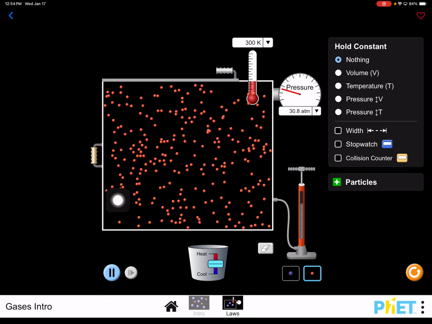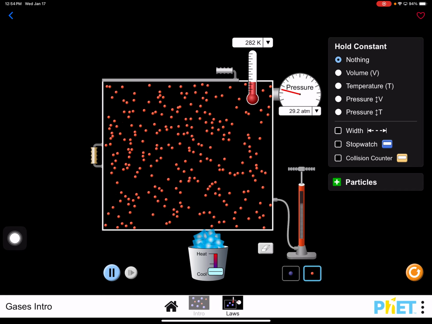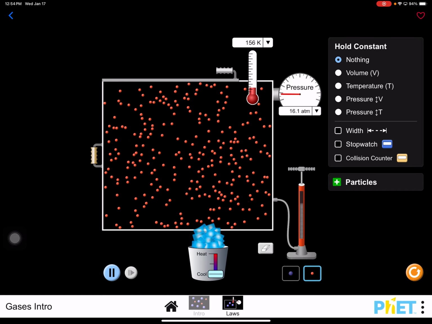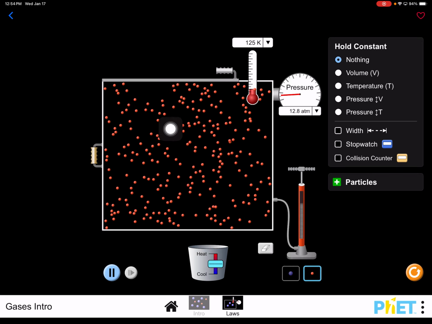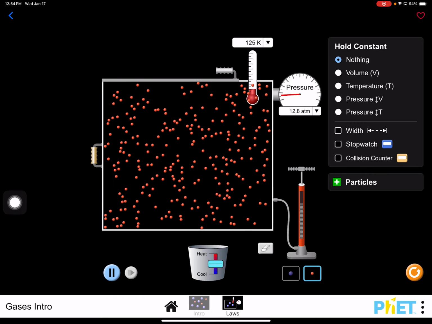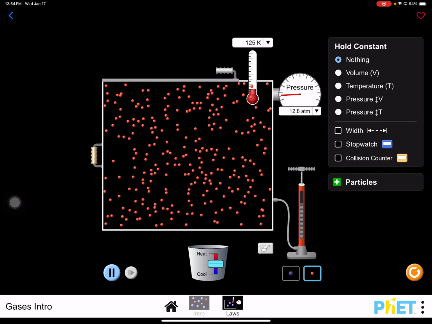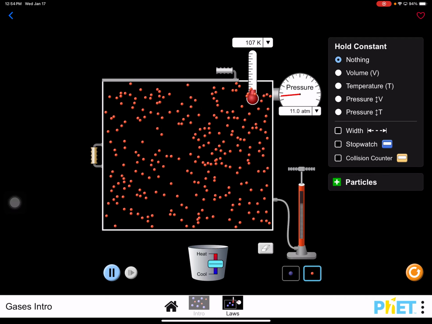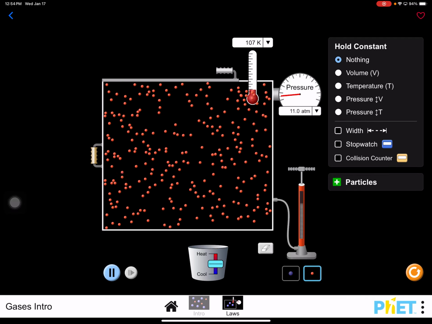That's telling you how fast the particles are moving. And if I cool the gas, you can see that the particles are slowing down. The temperature is a measure of the average kinetic energy per particle. What is the best you can do in cooling? Stop all the particles, and that's absolute zero.